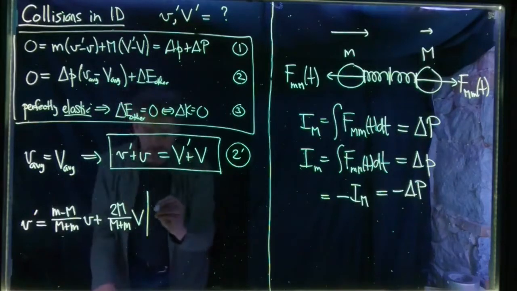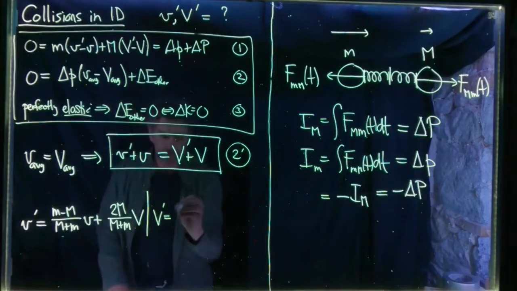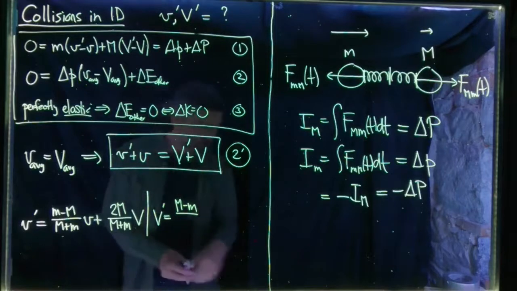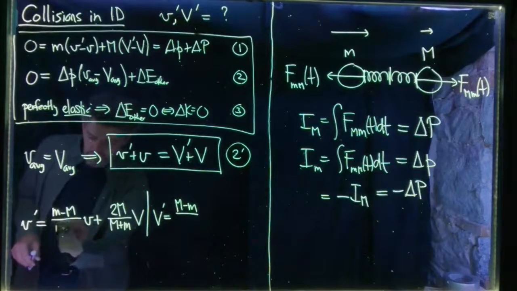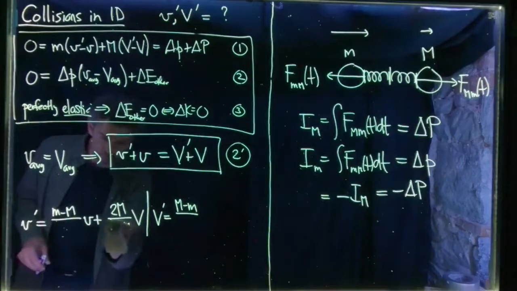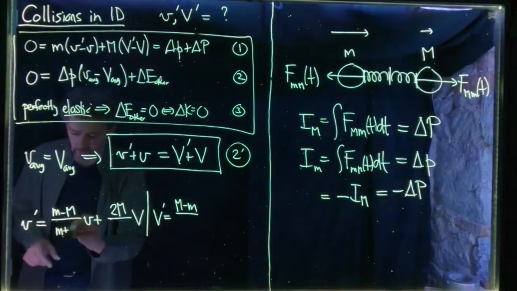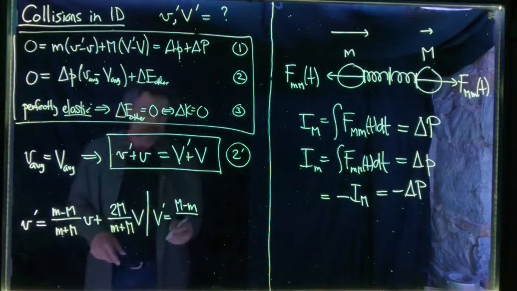The final velocity of big M is big V prime, and big V prime has a very similar form. It looks like big M minus little m divided by, actually, you know what? I'm going to write it this way. I'm going to swap this around. I'm going to write the denominator as little m plus big M, and you'll see why in a second.